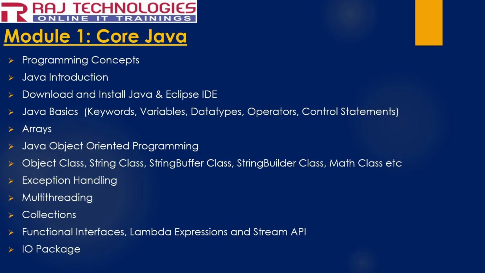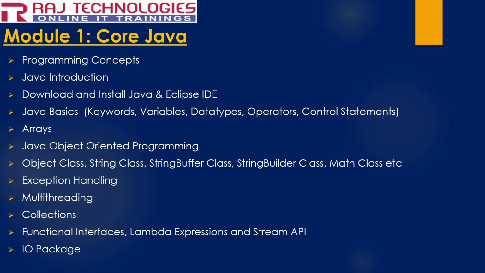Then we go with Java introduction, and we'll be learning how to download and install Java and how to download and install Eclipse IDE. And we'll be developing a Java application at the command prompt or terminal, and we'll even be developing an application using Eclipse IDE.